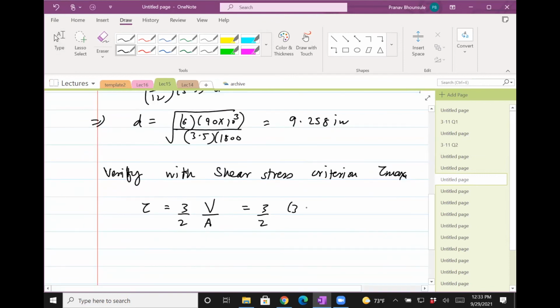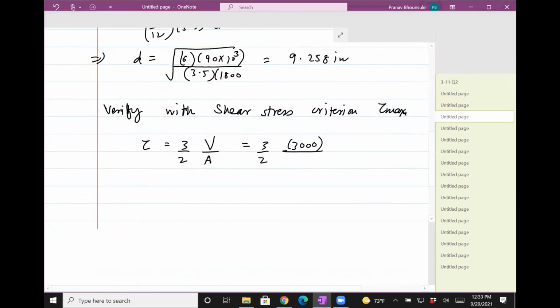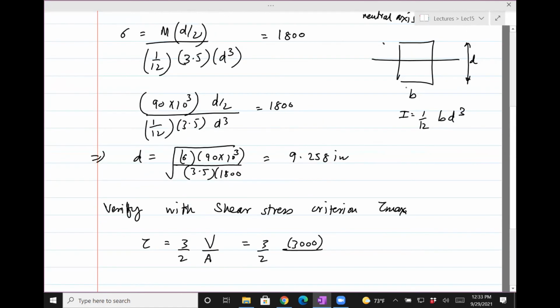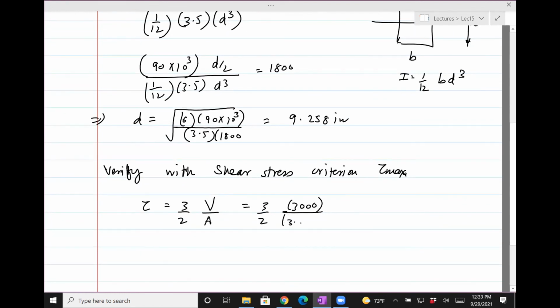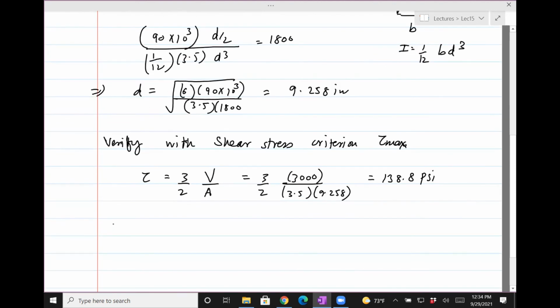So 3000. The area is B times D, and we've computed what D is. It's 9.258. So it's 3.5 times 9.258. And this comes out to be 138.8 psi. However, the max is 120 psi.